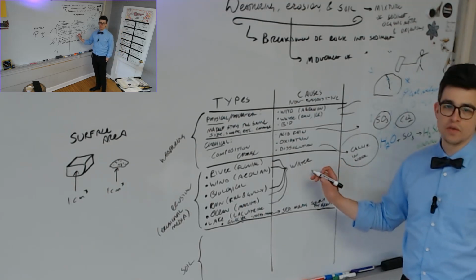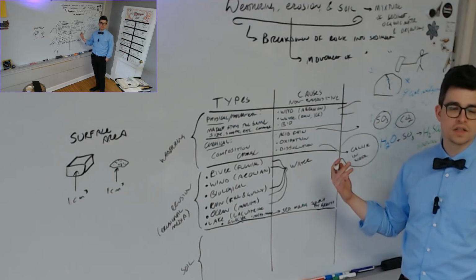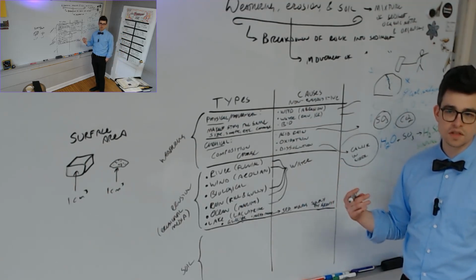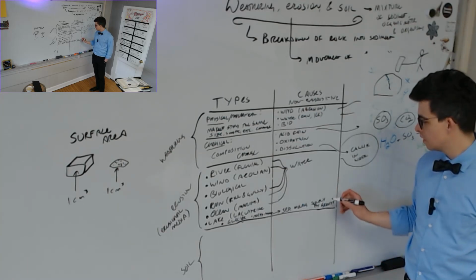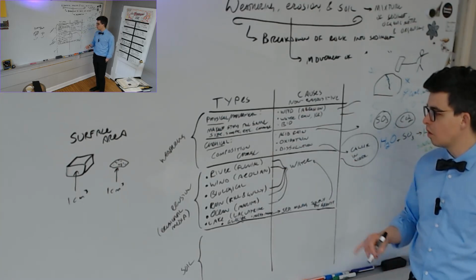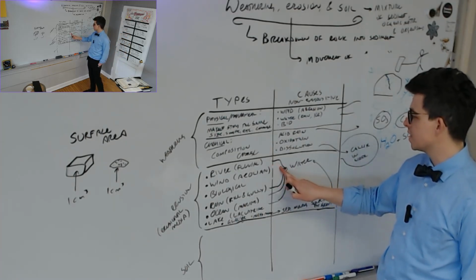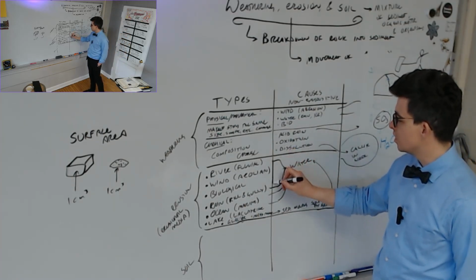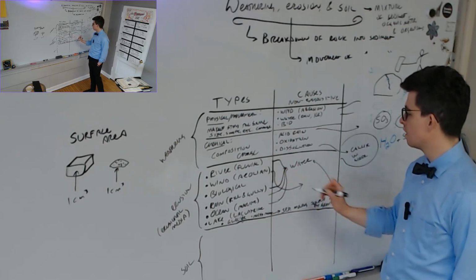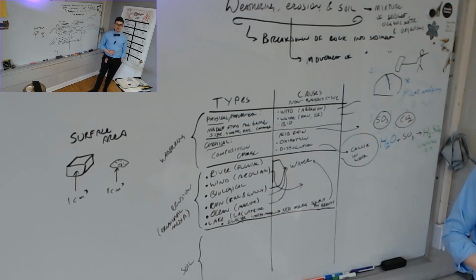What is the driving force of this water? Water itself is not a force. What is giving the force, the movement behind this water? Once again, gravity. So almost all of these are driven by gravity. I should not have drawn it to this one because that's the other one we're going to talk about, which is Aeolian. What is the driving force behind the wind? It's not gravity.